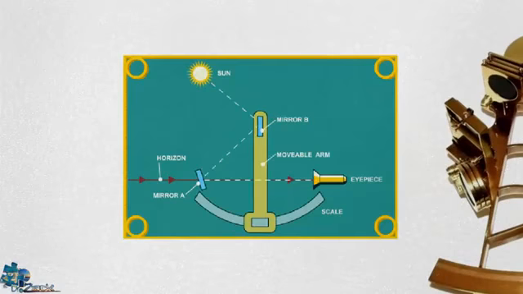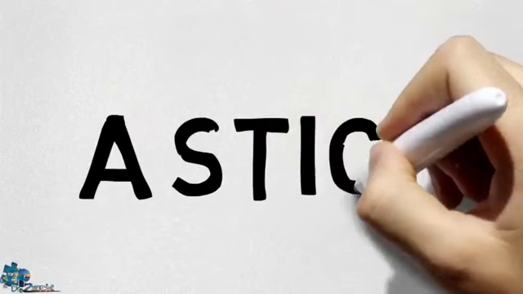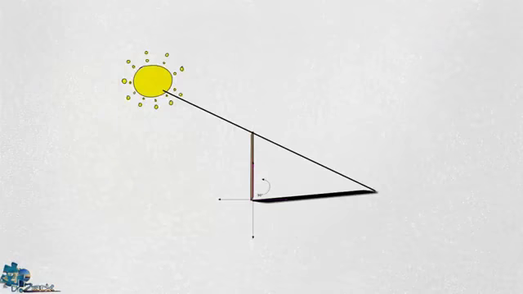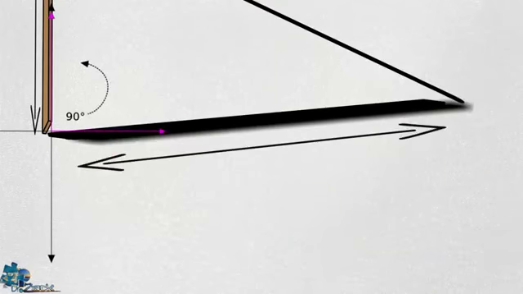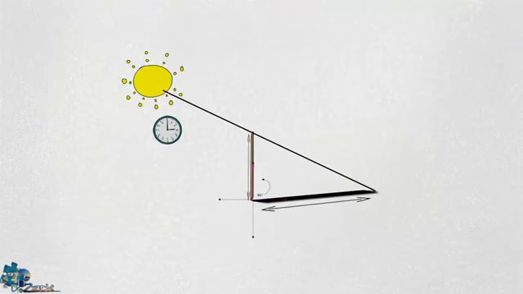If you don't have it, you can build it, and if you can't, then you can use a stick, okay? Go to the center of your city, place a stick on the ground, make sure it's 90 degrees on the ground, okay? Now measure the stick and the shadow, and don't forget to consider the time. Try to be very precise to get the right angle.